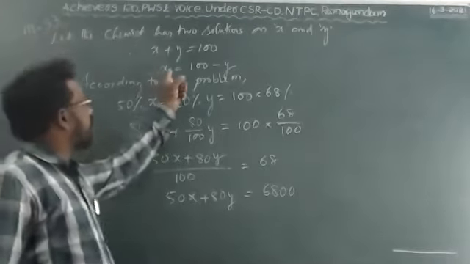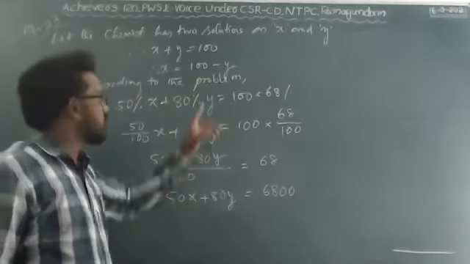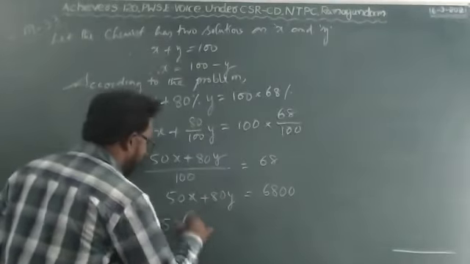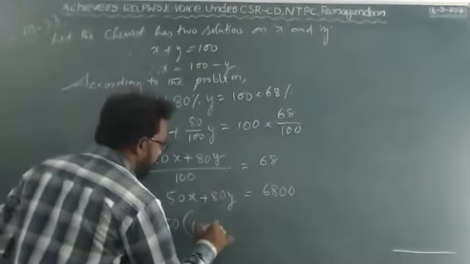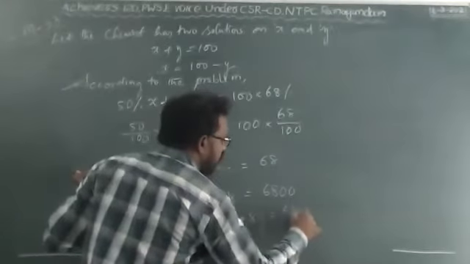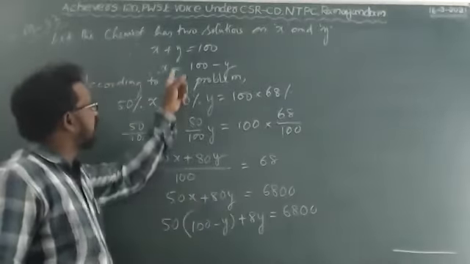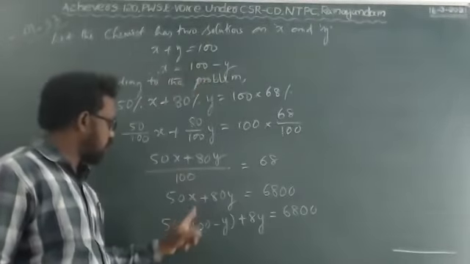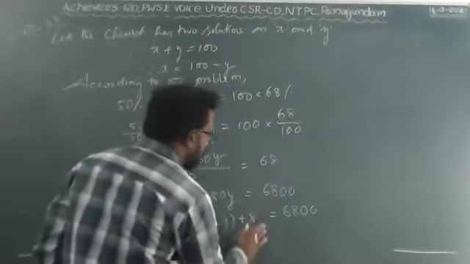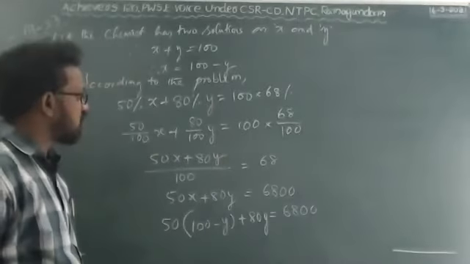Now you already have the x value, so just substitute it here. That is 50 into (100 minus y) plus 80y is equal to 68 times 100. I just substituted the value of x, that is x equal to 100 minus y.